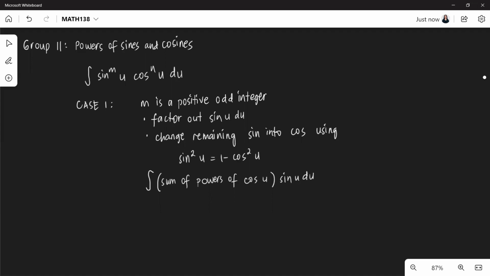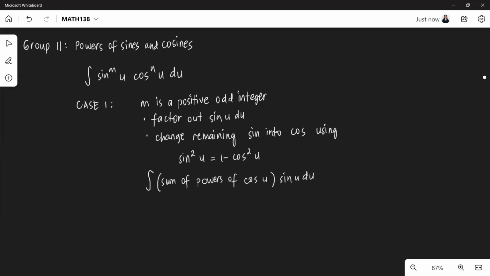So this first formula is applicable to m, the exponent of the sine function, which must be a positive odd integer: 1, 3, 5, 7, etc.